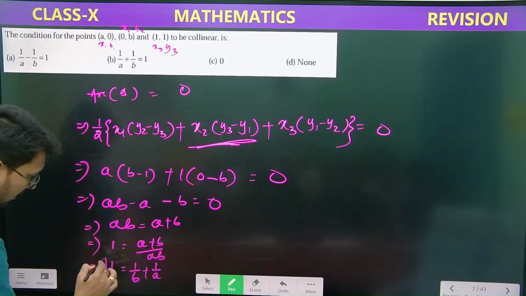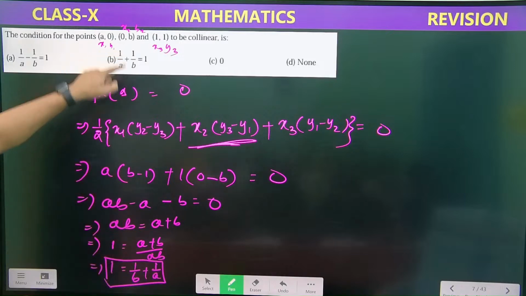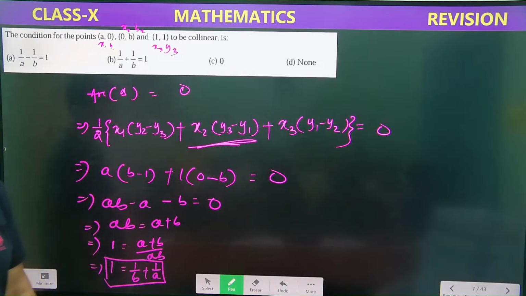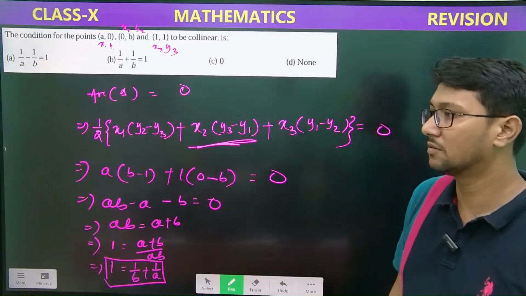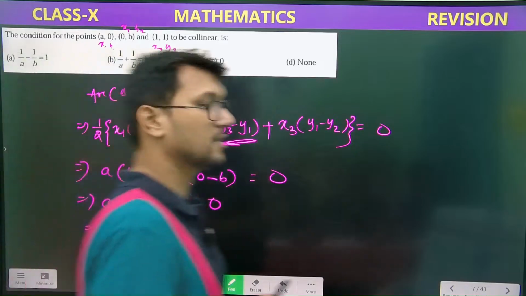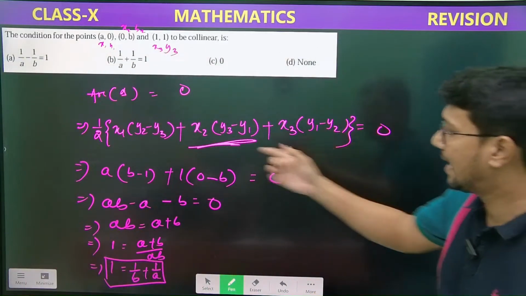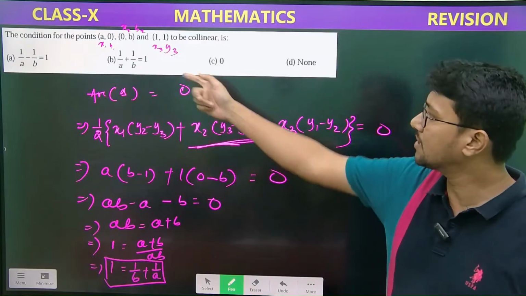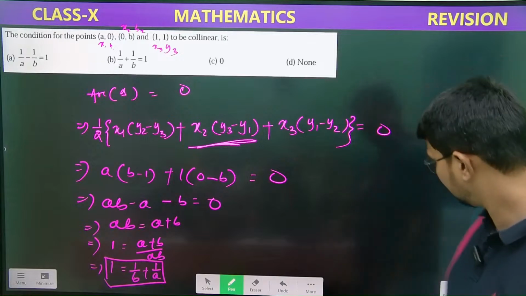So check which option: 1 by a plus 1 by b equals 1. Option B, very good, well done. I have not written the x2 term because x2 is 0, so I skipped that term.